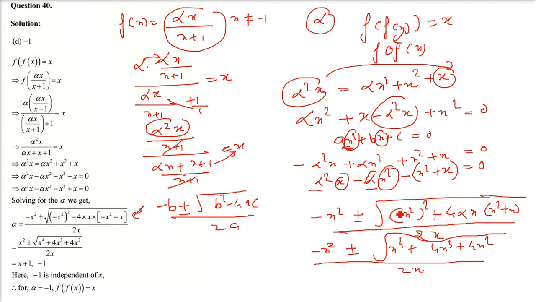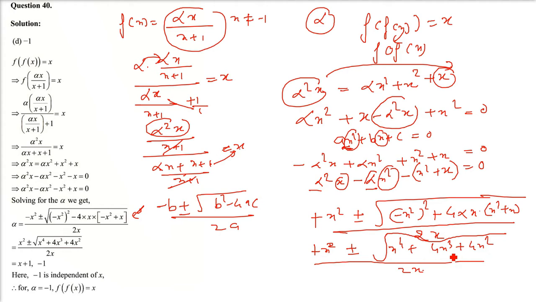How are we getting this x plus 1 and minus 1? So you have this x square plus minus this. I'm taking this under root because I want to simplify it. And since two values will come, I'll tell you which value to discard and which value we have to take. So take x square common from here, because you can see x square can be taken common.